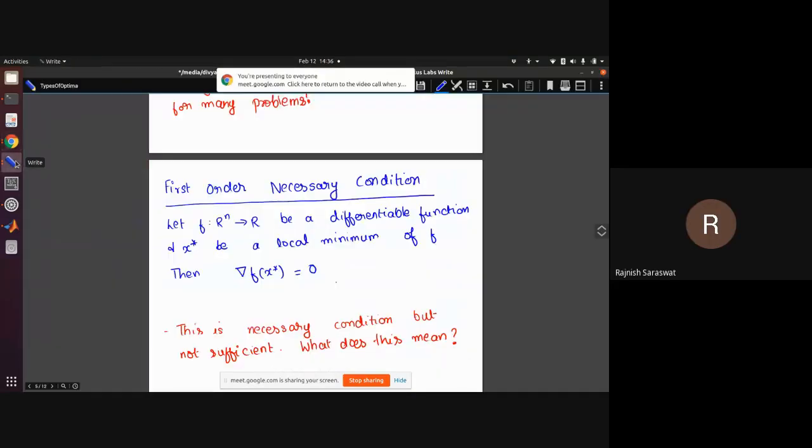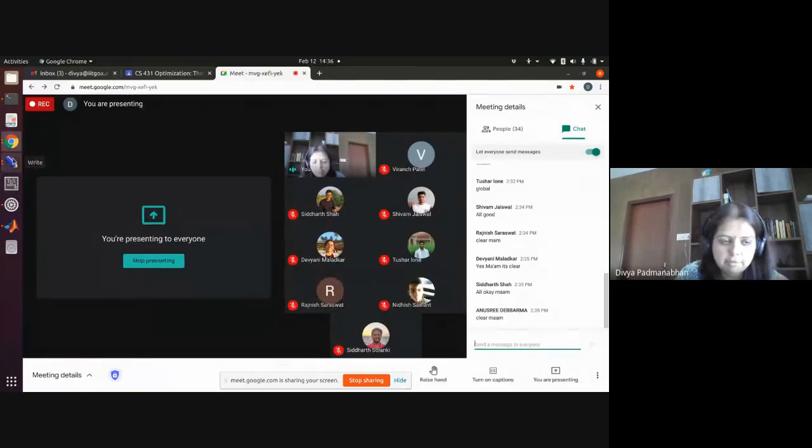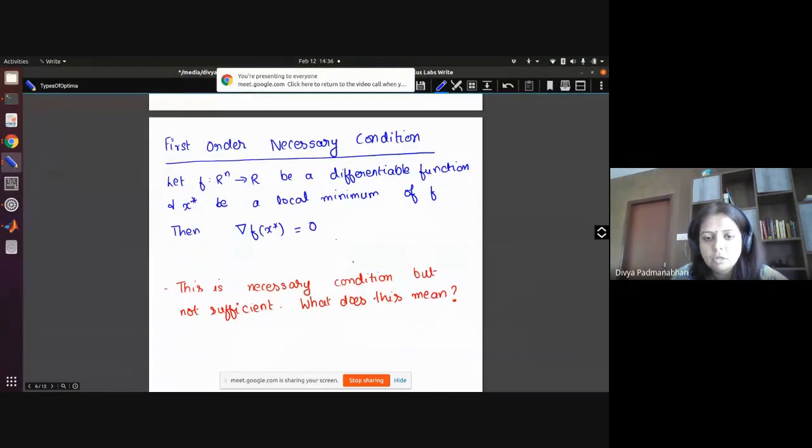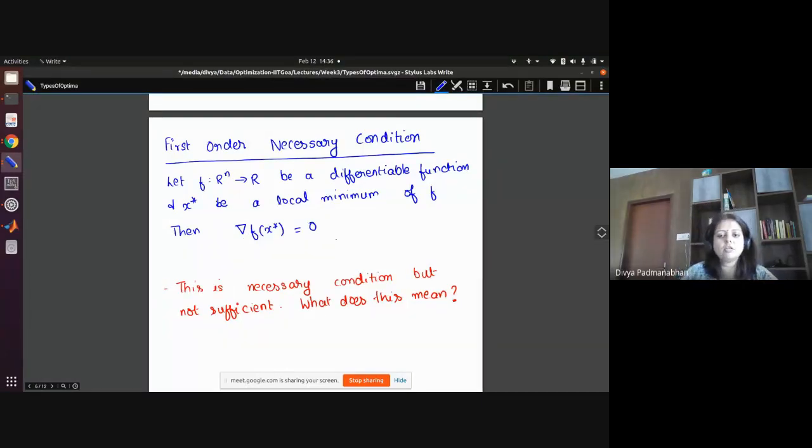That's the first level of check. So all these points are valid. If you know that x star is a local minimum, then the gradient is 0. But suppose somebody gave you a point for which the gradient of f at x star is 0, it doesn't mean that x star is a local optimum.